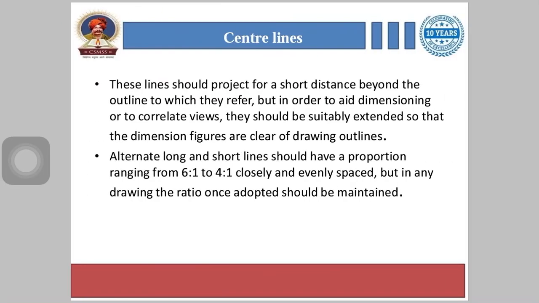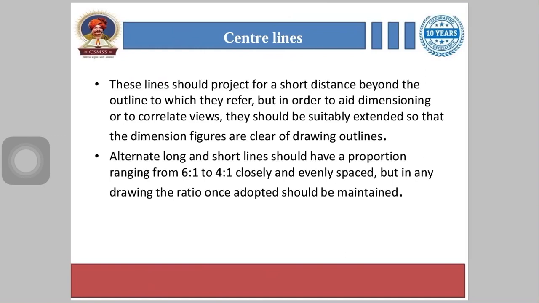Next is center lines. These lines should project for a short distance beyond the outline to which they refer. But in order to aid dimensioning or to correlate the views, they should be suitably extended so that the dimension figures are clear of drawing outlines. Alternate long and short lines should have a proportion ranging from 6:1 to 4:1, closely and evenly spaced.